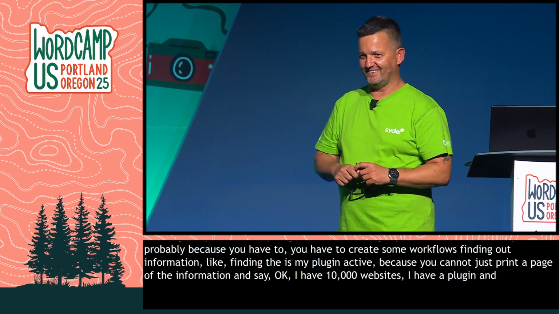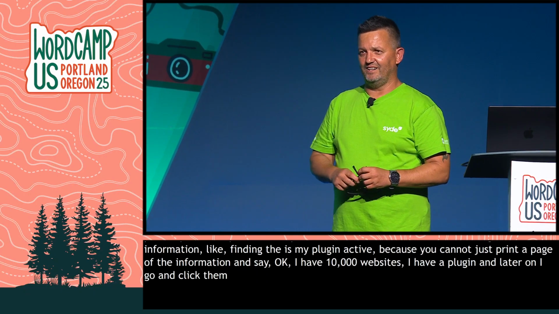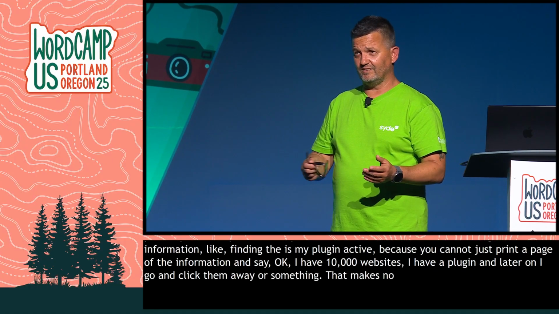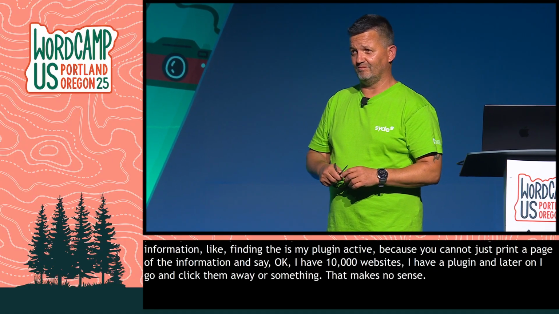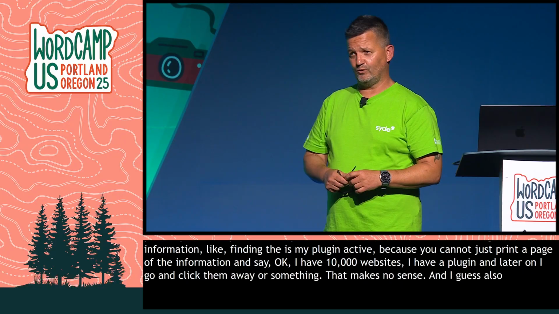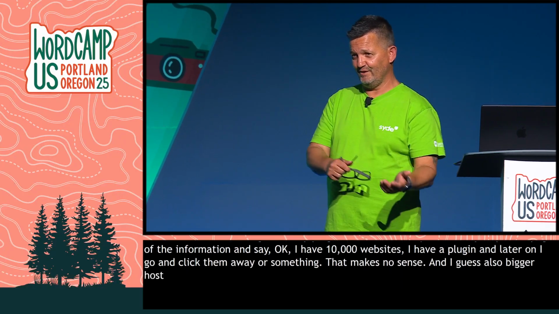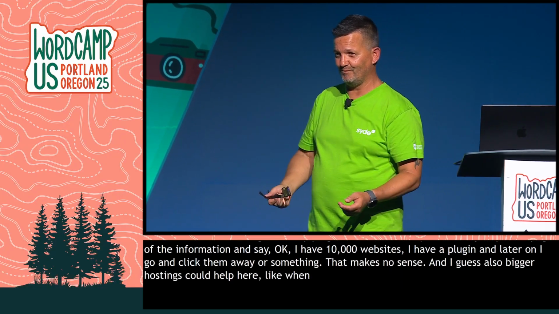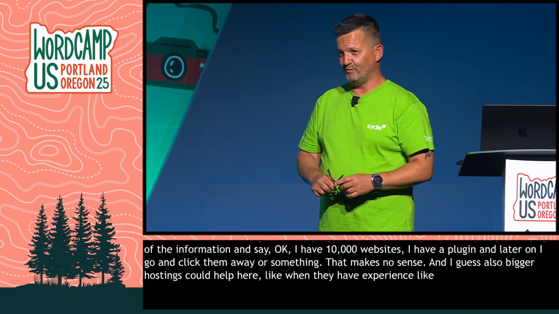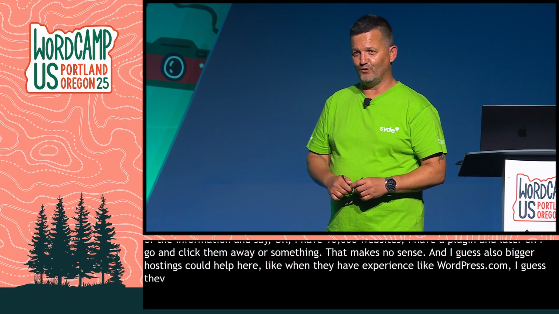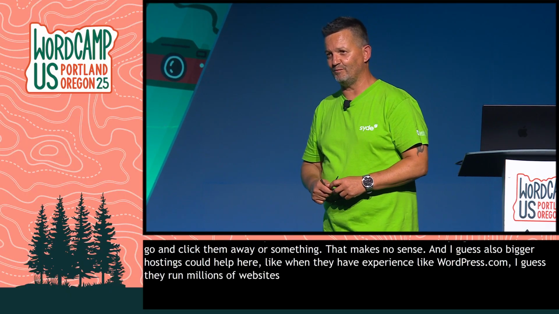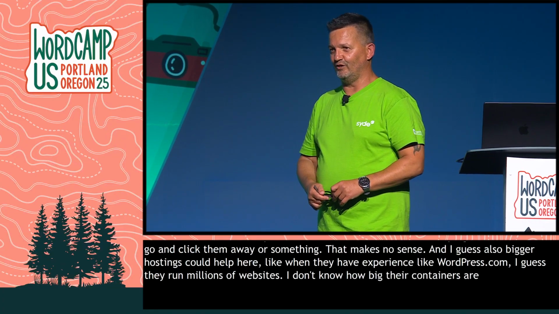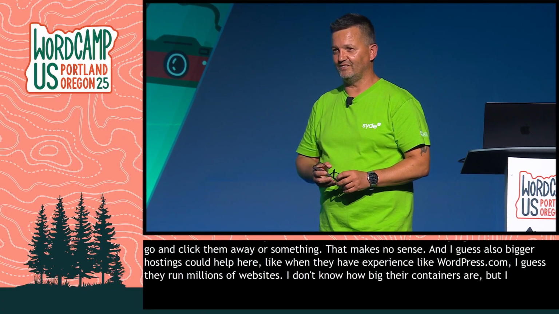That makes no sense, no? And I guess bigger hosting could also help here, like WordPress.com, which I guess runs millions of websites. I don't know how big their containers are, but I imagine they have numbers like 10,000 and more.